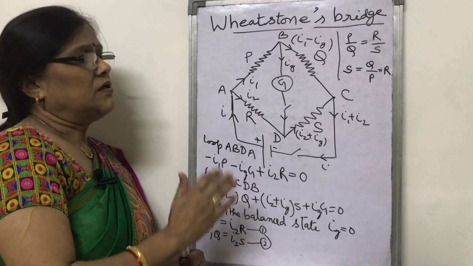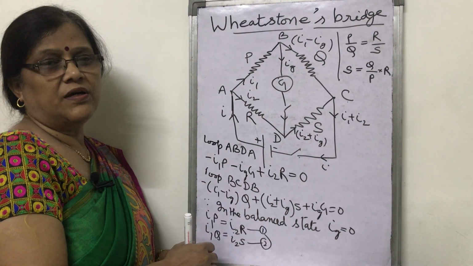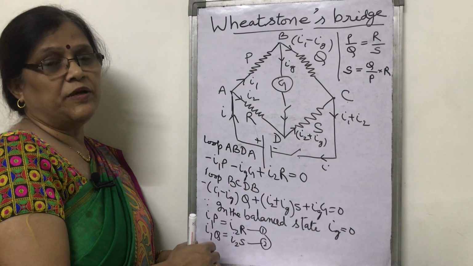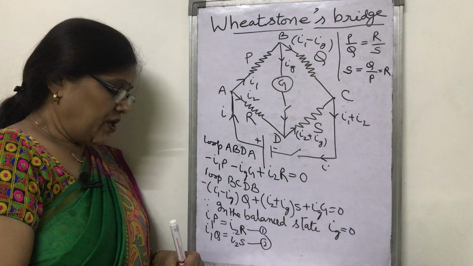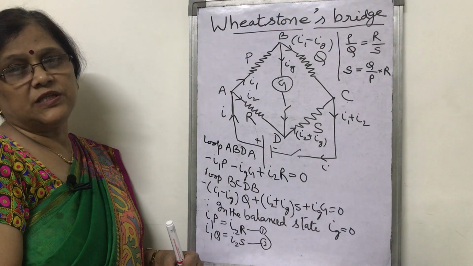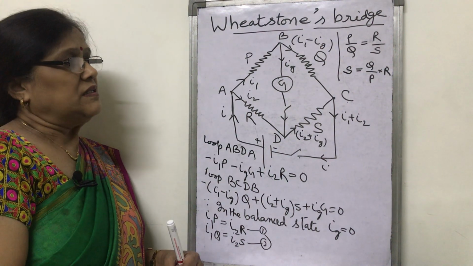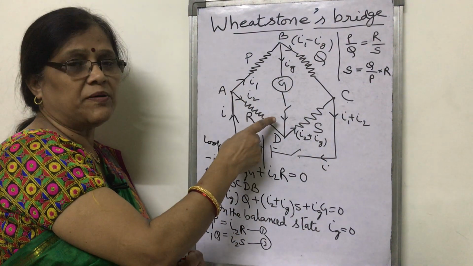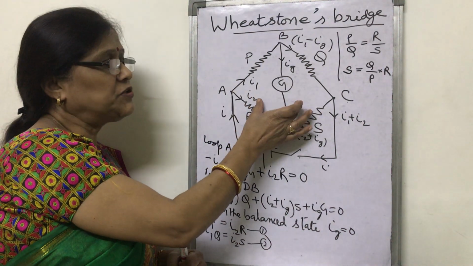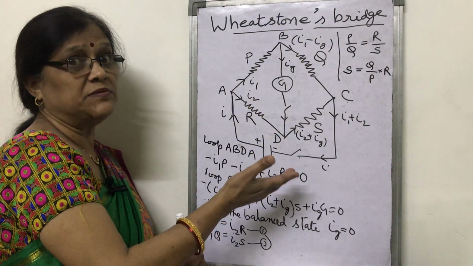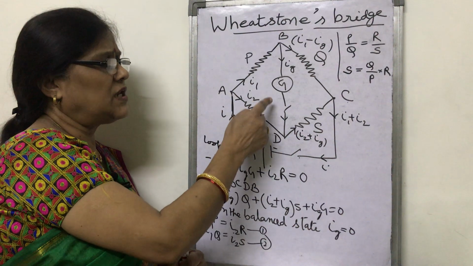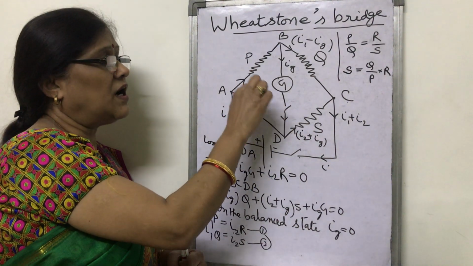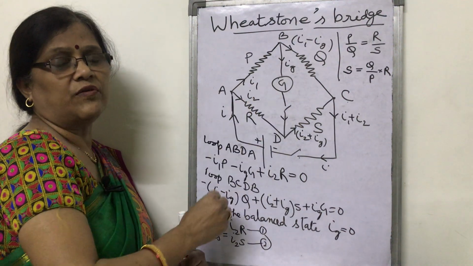Now, the sensitivity of the Wheatstone bridge. What do you mean by sensitivity? If sensitivity is to be defined, then the Wheatstone bridge is said to be most sensitive when a slight change in resistance creates a large deflection in the galvanometer.